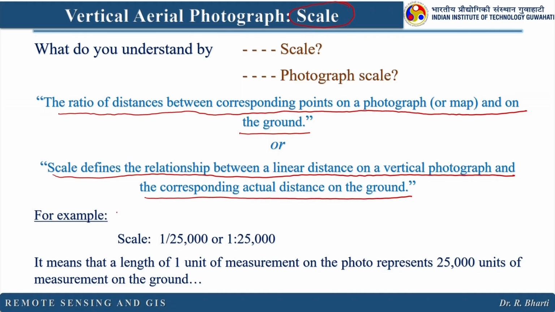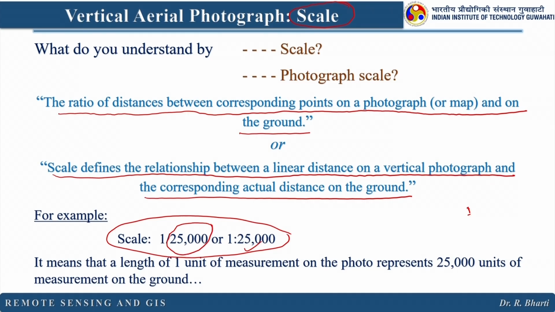Now, let us see some examples of scale. You might have come across values like 1:25,000 or 1/25,000. What does it mean? It indicates that 1 unit on the image is 25,000 units on the ground.